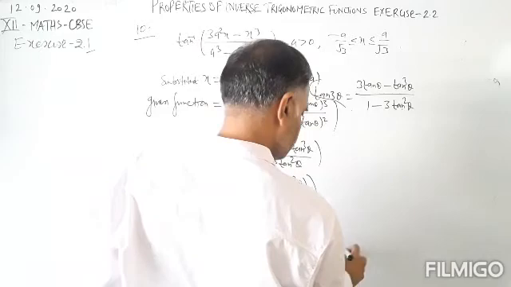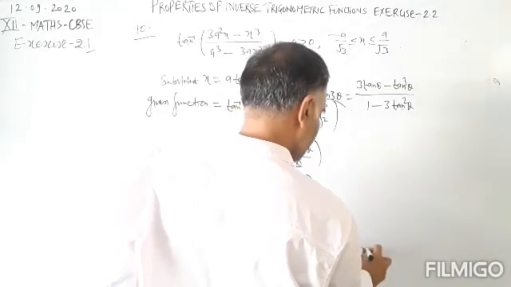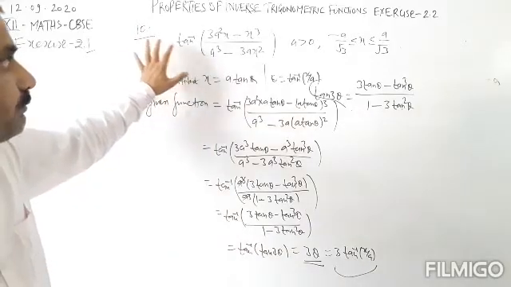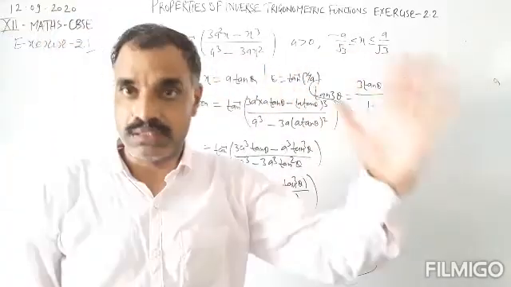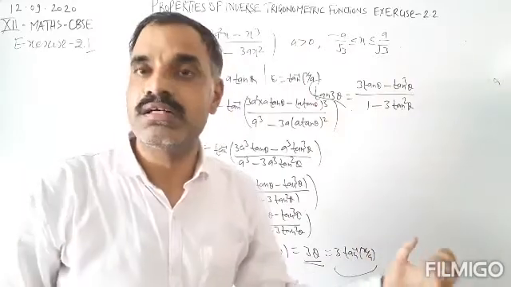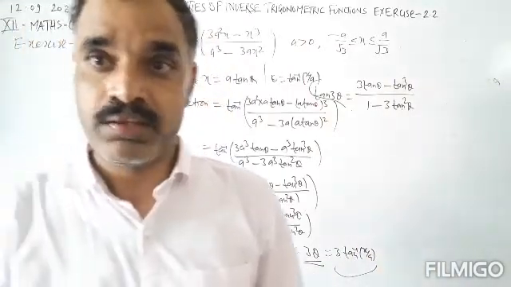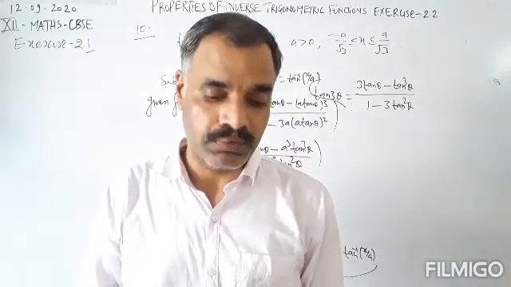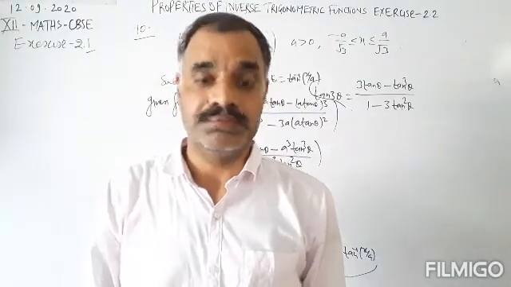So this is equal to 3 tan inverse of x upon a. So the simplest form of question number 10 is 3 tan inverse x upon a. In this way we can solve other questions of the same type.